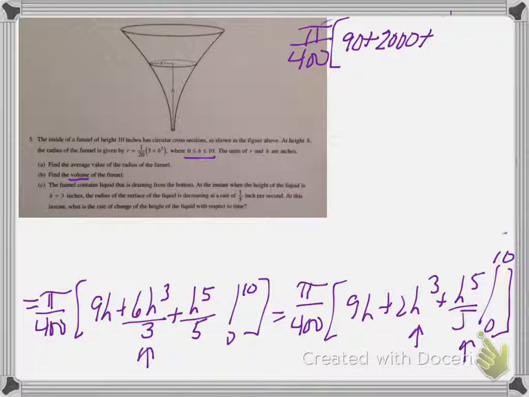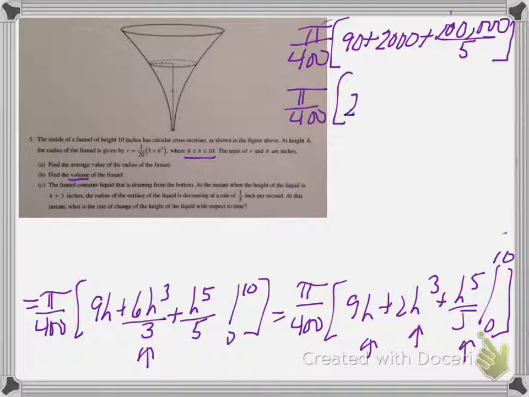And then for this one over here, if I put 10 to the fifth, that's going to give me 100,000 over 5. And then we have to subtract what happens when we put 0 in there, but you can see when you put 0 into all of these, it just wipes the whole thing out, so we don't have to worry about that.